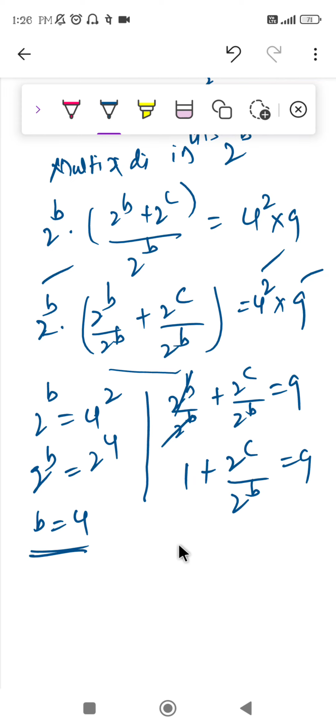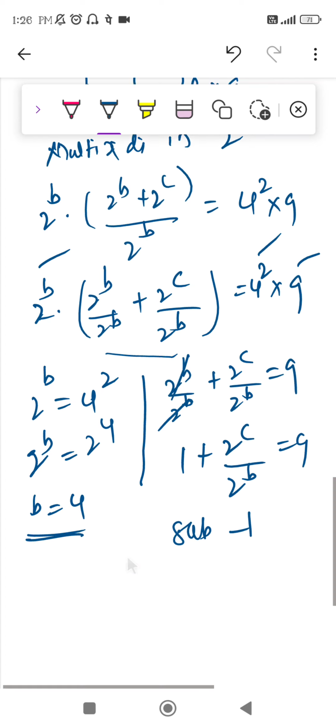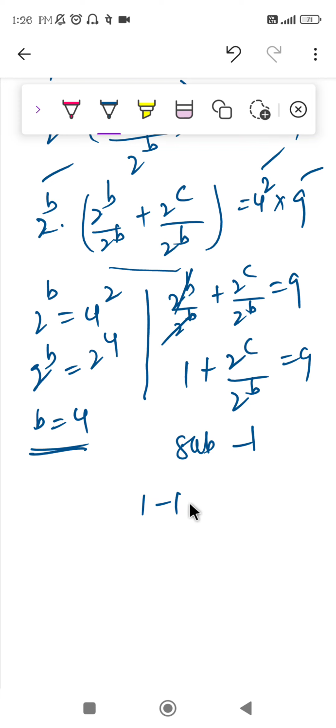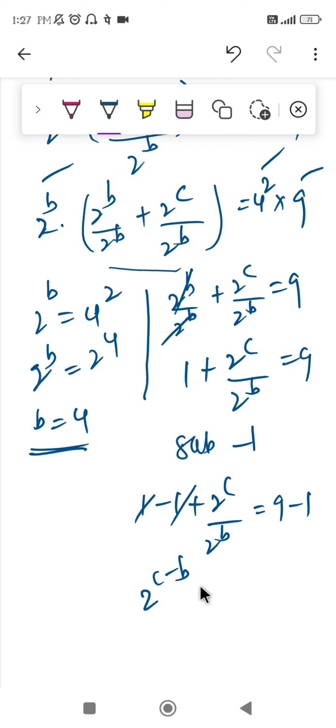And now in this equation, subtracting 1 on both sides, then it will be 1 minus 1 plus 2 to the power of c divided by 2 to the power of b is equal to 9 minus 1, then 1 gets cancelled, and we have 2 to the power of c minus b, as from the formula a to the power of m divided by a to the power of n is a to the power of m minus n.